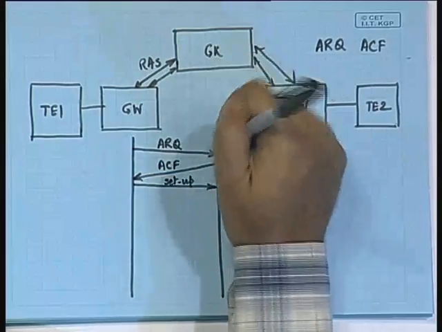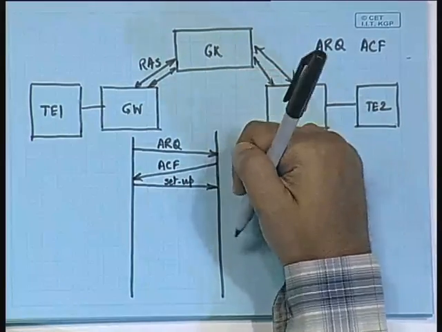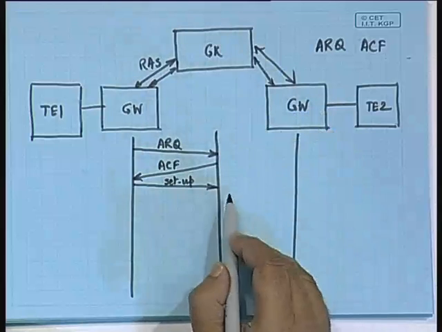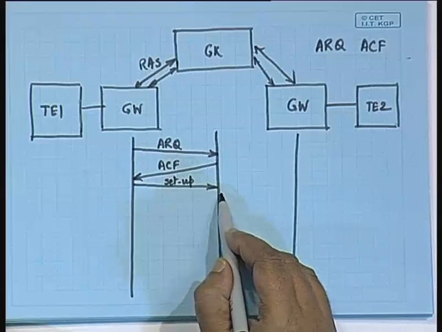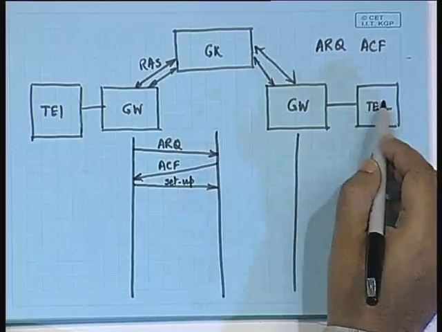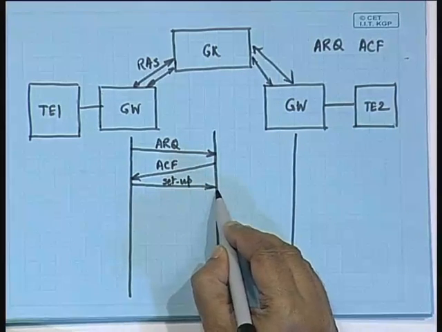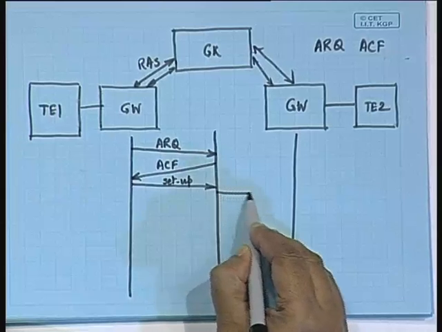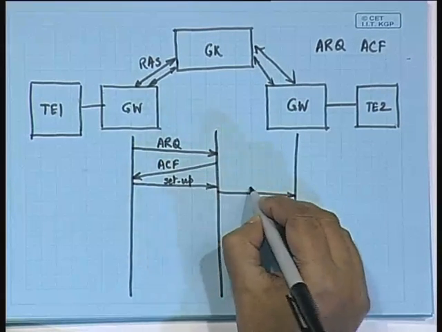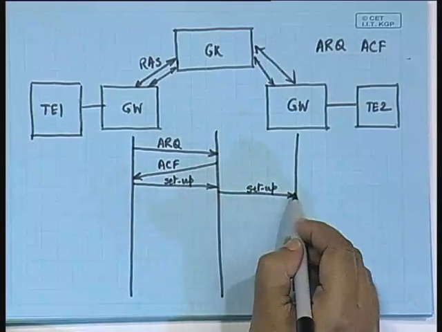Now, GK has already accepted this TE1, it has already registered. So, there is no problem in passing on this setup information to the destination GW, and in turn to the destination terminal. So, we can show it almost instantly, but with a minor cosmetic delay. We can show that the setup signal goes from the gateway to the gatekeeper.